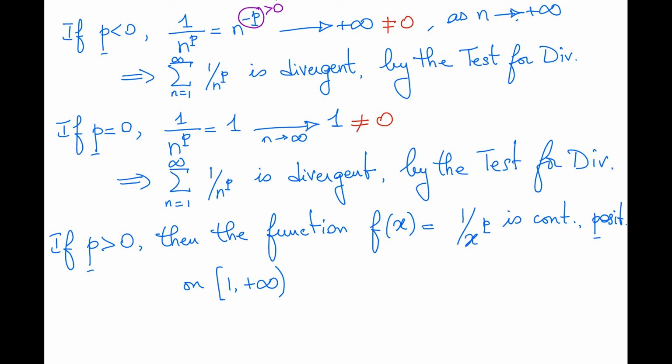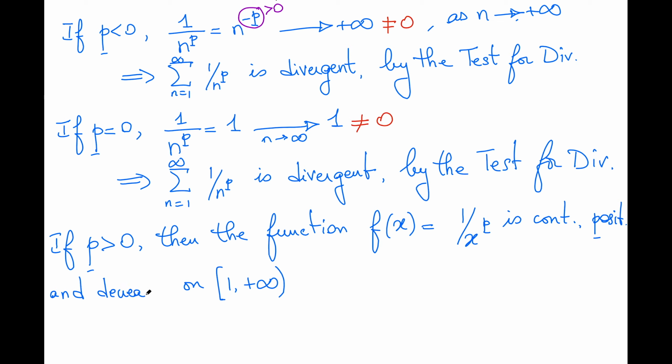Why? Because if x is bigger than 1, certainly x is bigger than 0, and raised to any power, that remains positive. All right, and it's decreasing also on 1 to infinity.